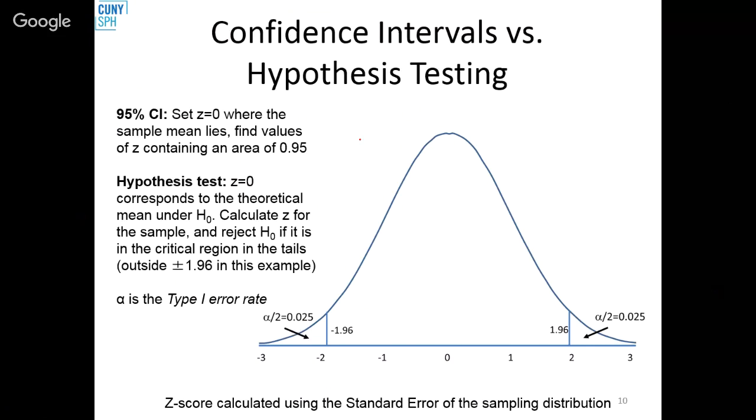So the key difference here was that in the confidence interval, you set z equals 0 plus or minus the margin of error. And so z equals 0 is x bar minus mu0.